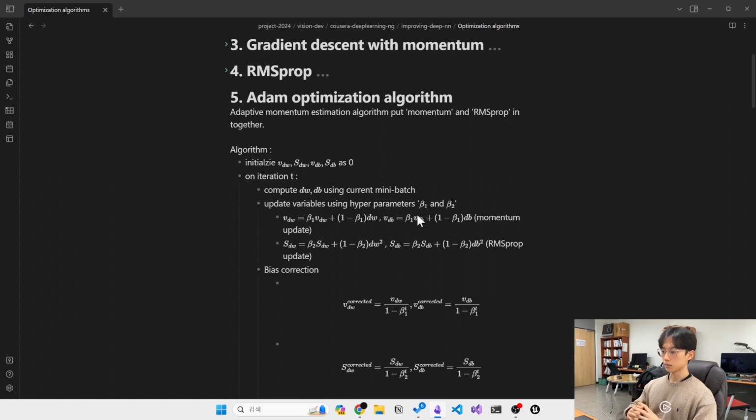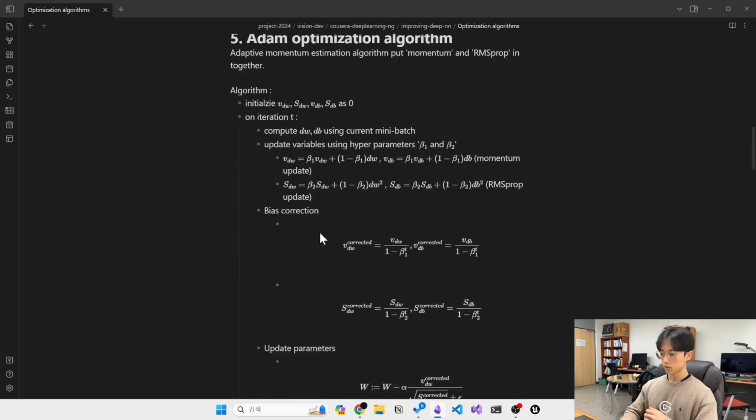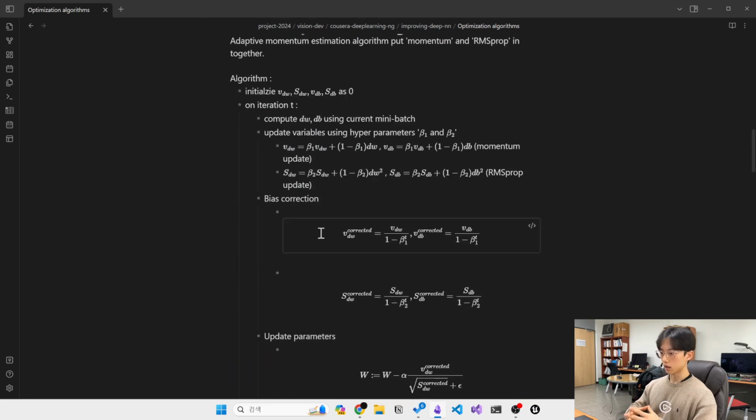So in our Adam optimization algorithm, we utilize the momentum algorithm first to update VdW and Vdb. And then, as we already did in RMSprop, to calculate new variables, which are SdW and Sdb, we also use that in the Adam optimization algorithm.